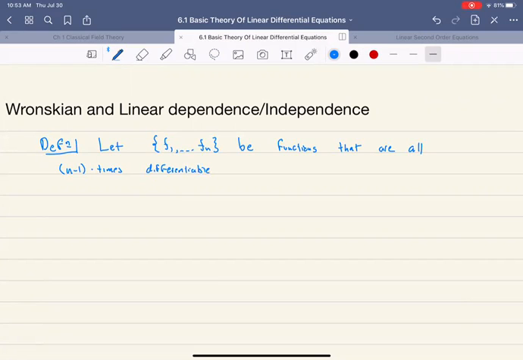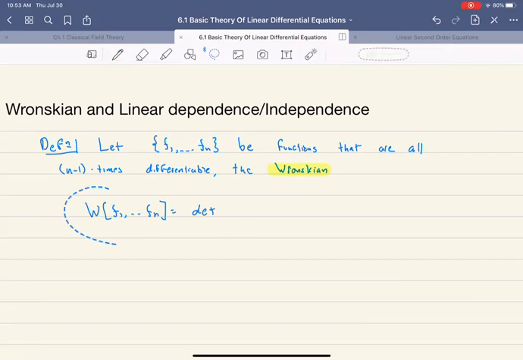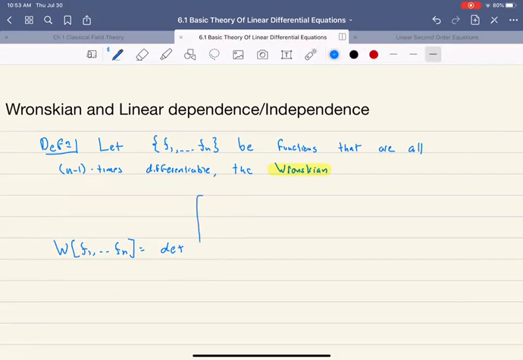Then the Wronskian W of f1 through fn is actually the determinant of this matrix.